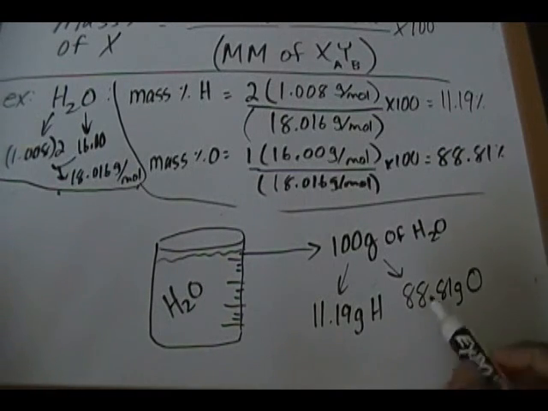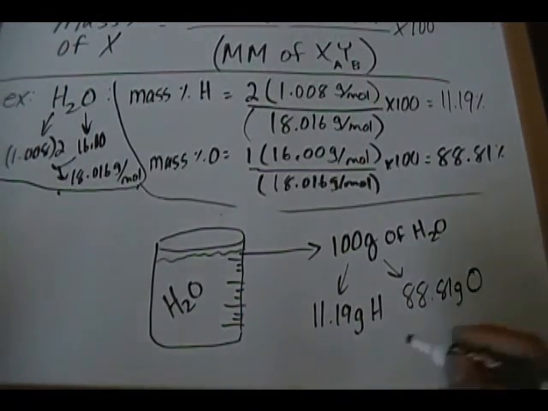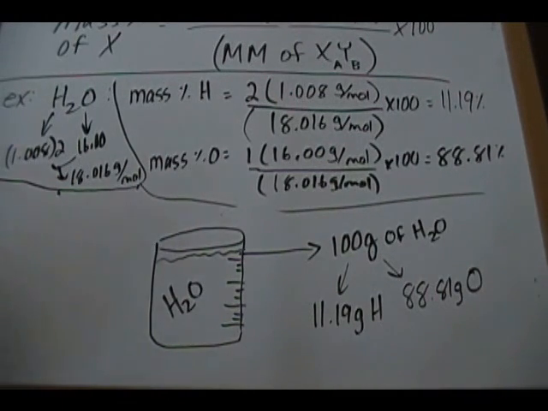Obviously, we understand that this mass is due to the composition of the water molecules, right? And how we can determine how each one of these specific atoms is contributing to the total mass is by understanding what the mass percents are.